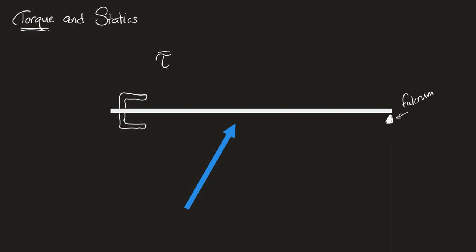You've also indicated that I will have less success should that force be directed this way. So if I have a force like that, that will be a less successful way to open the door, but I will have more success as I approach 90 degrees. All that makes sense? All right. So I'm going to leave it somewhere in the middle.